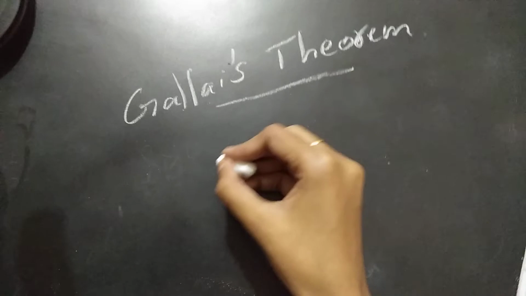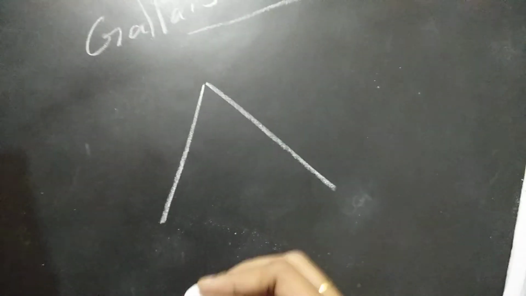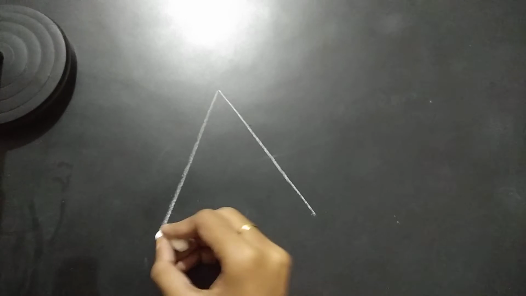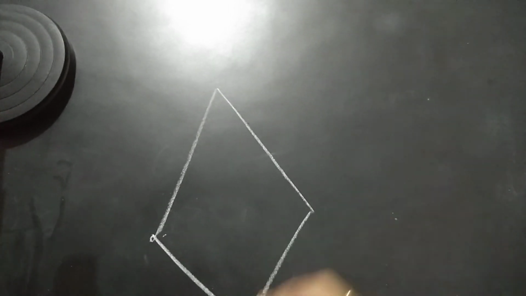In our proof of Gallai's theorem, you will have a graph. I will draw that. Oh my god, the space. Let me erase it and I will draw it clearly. This is a graph.